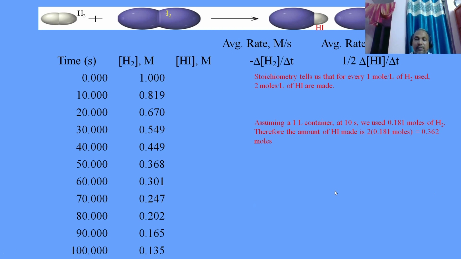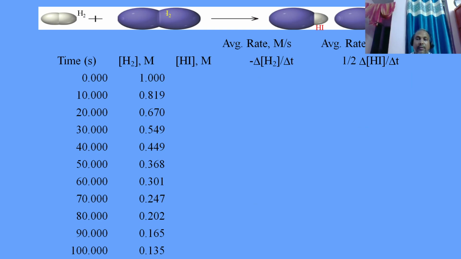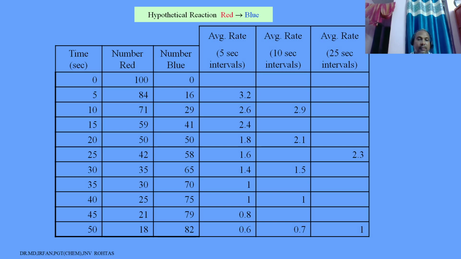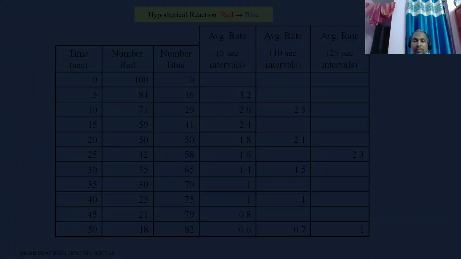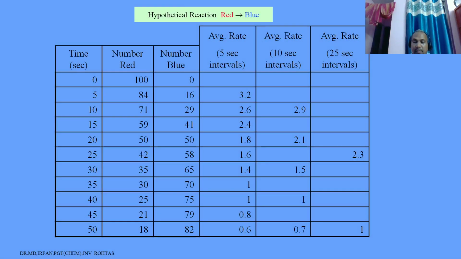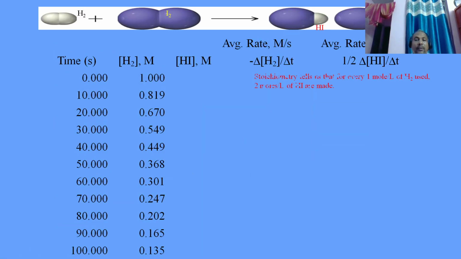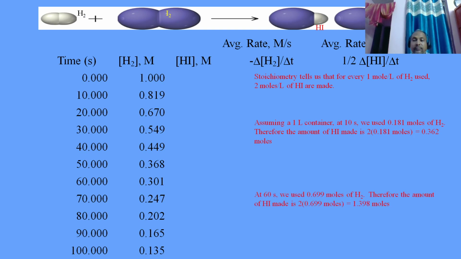देखिए पिछले स्लाइड में 60 सेकेंड पर, खैर इसमें अभी नहीं देखा हूँ, यहाँ पर मैं डायरेक्ट लिया हूँ. तो अगर चेंजेस निकालेंगे, ठीक है, 1 में से आप 0.310, तो ये डाटा आपके पास आ जाएगा. तो ये 60 सेकेंड पर हो जाएगा 0.699 मोल ऑफ H2.